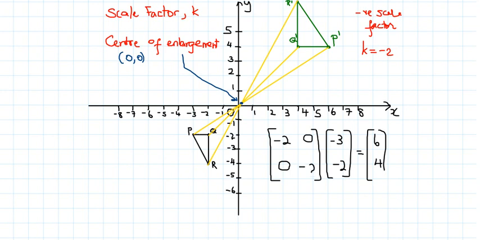Alright, so this is what our enlargement matrix would look like: -2, 0, 0, -2, and this is for this particular problem. If I want to talk about a general enlargement matrix, once I know the scale factor in general, my enlargement matrix would look something like this.